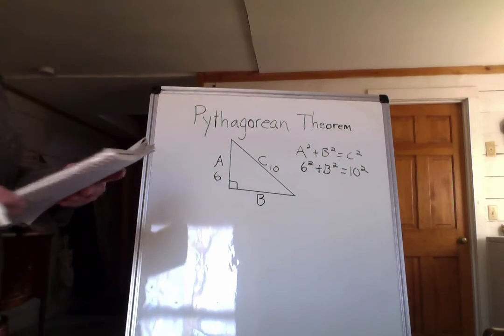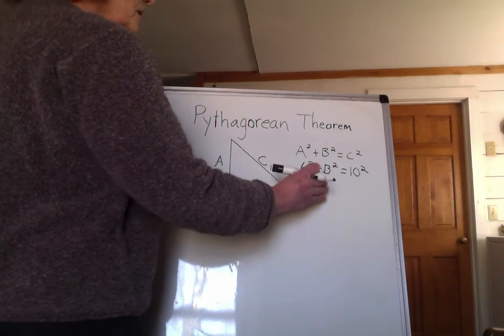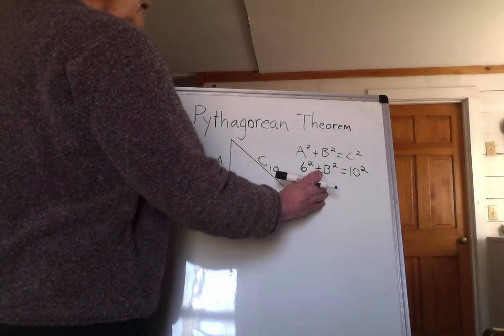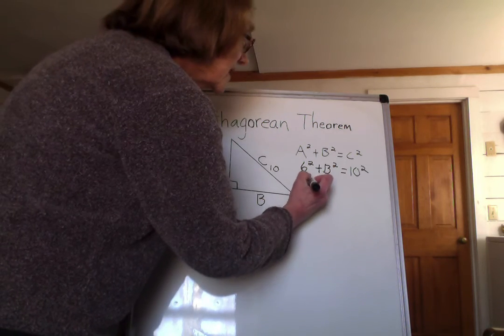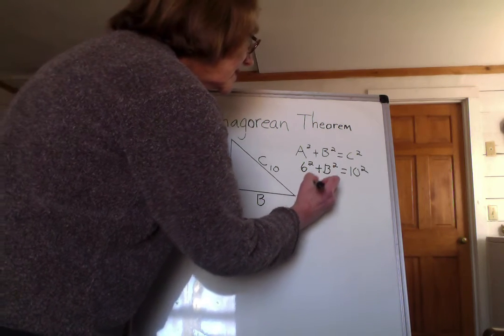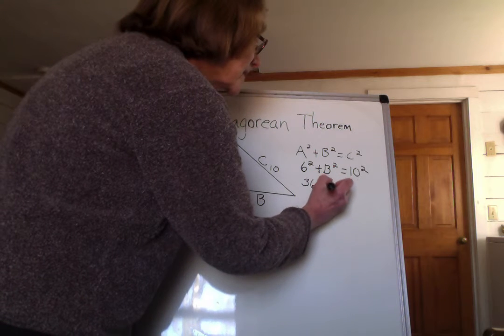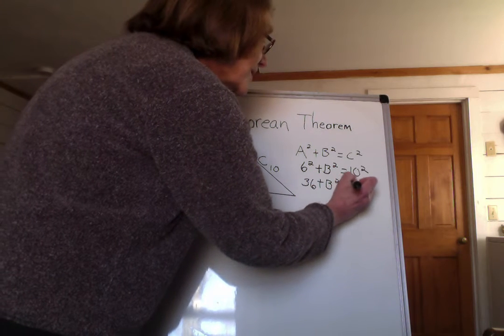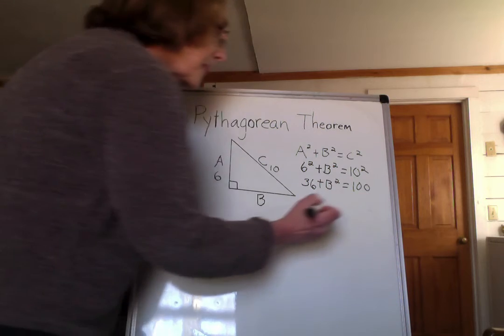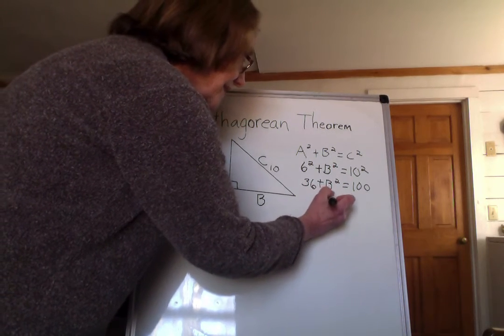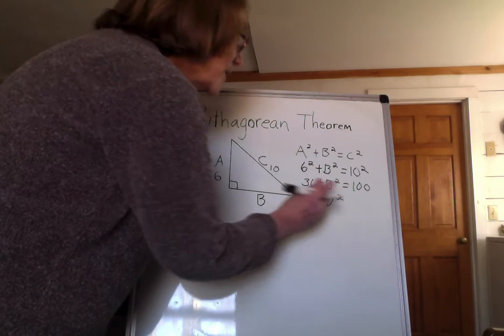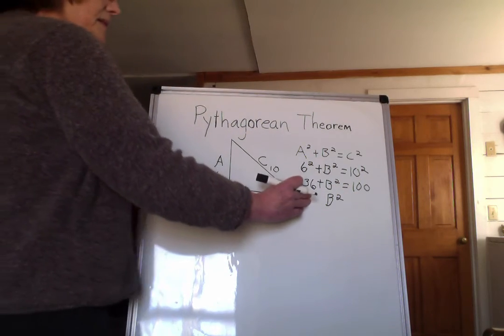Now at this point we have to get the letters on one side and the numbers on the other side. So let's do 36 plus b squared equals 100. We'll keep b squared on one side. How do we get rid of this 36?